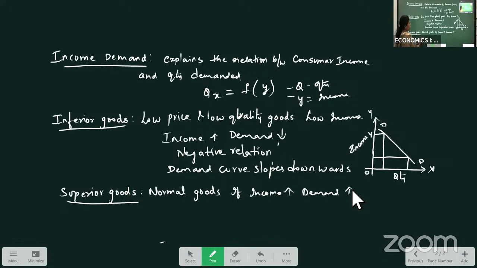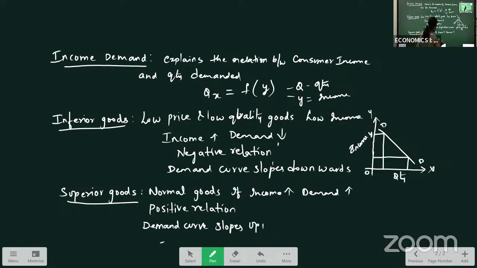So in this case, there will be a positive relation. In case of superior goods, there is a positive relation between income and demand for superior goods. When there is a positive relation, the demand curve slopes upwards.